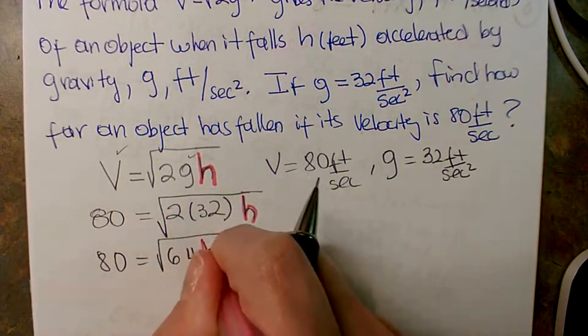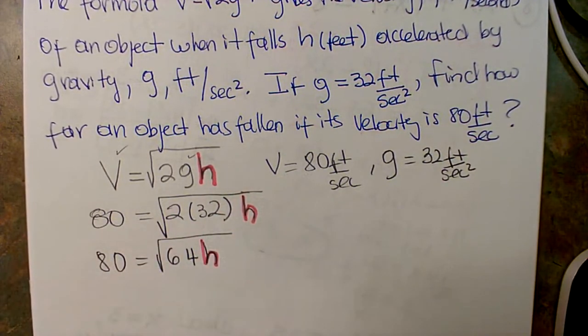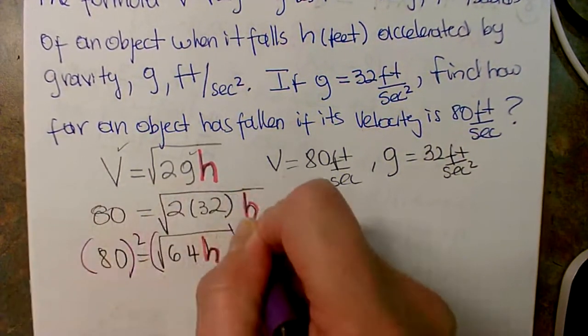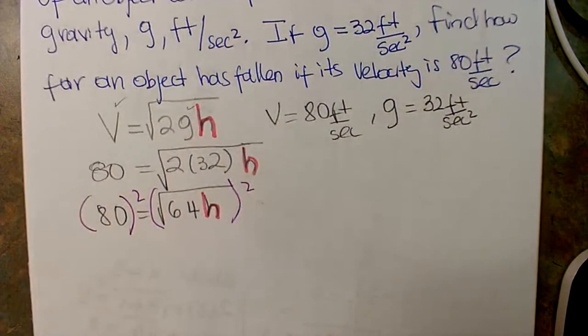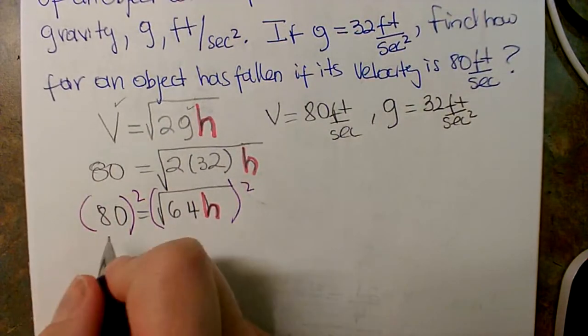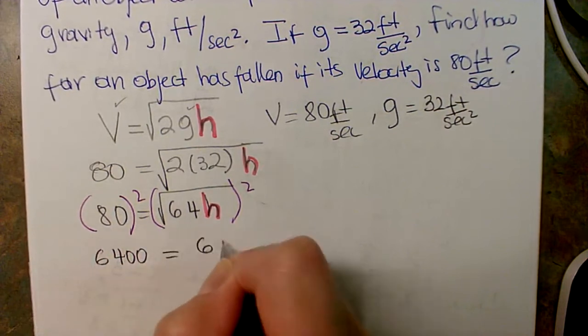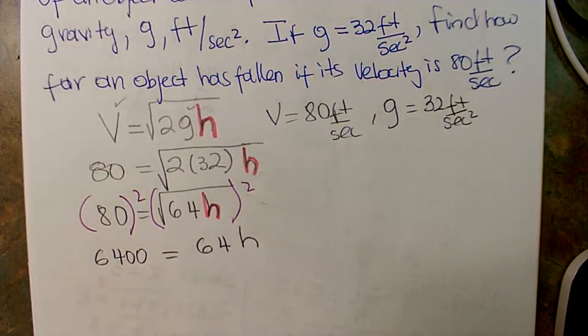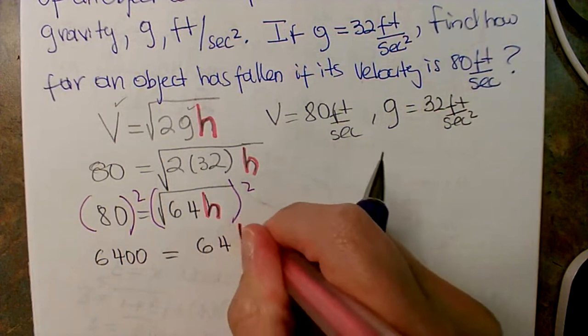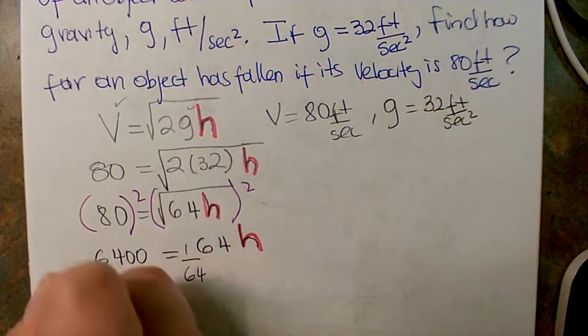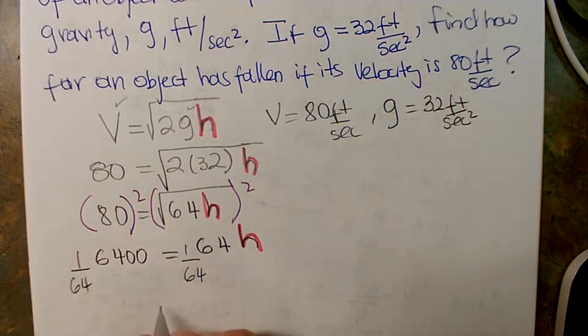What do I do now? I'm going to square both sides. The only way to get rid of the square root. 80 times 80 is 6,400, and this one is 64 times h. Perfect. Now I'm going to multiply by the reciprocal, right?